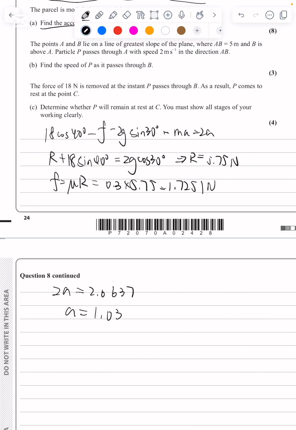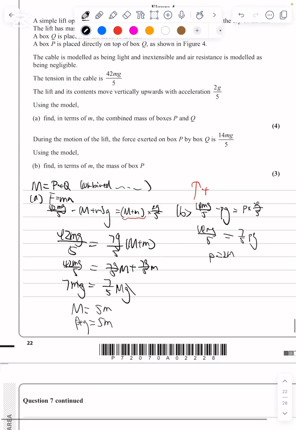I got it wrong. Hold up. Wait a minute. What is G?